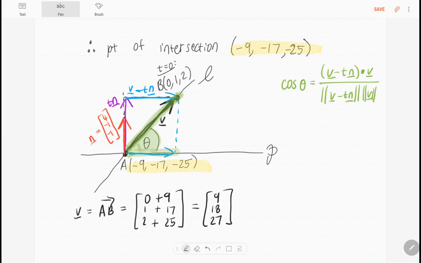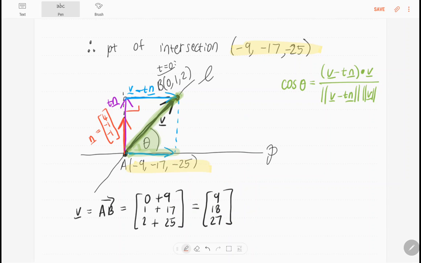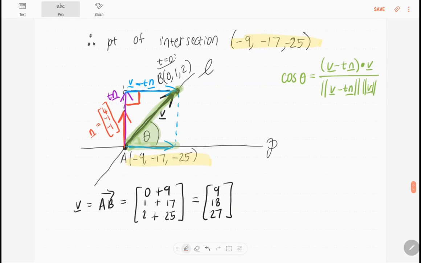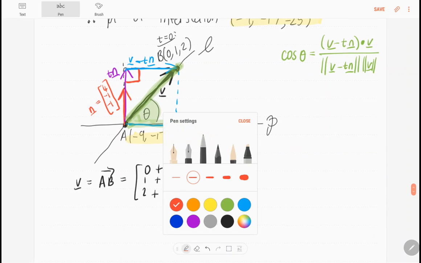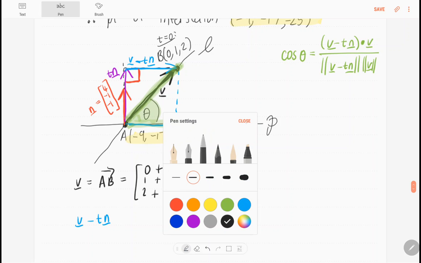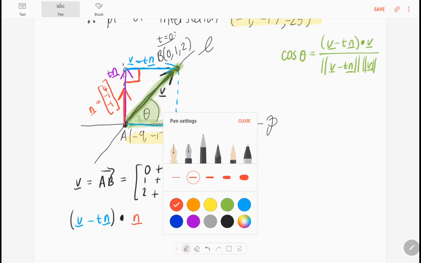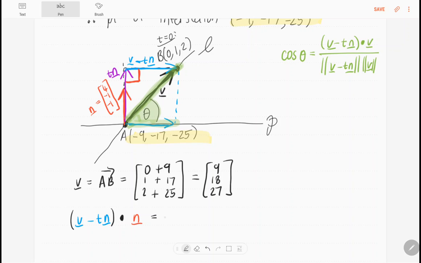The next thing we know is that the vector v minus Tn is going to be perpendicular, or orthogonal, to the vector n. Right? So we can say that (v minus Tn) dot n is going to give us 0 since they are orthogonal.